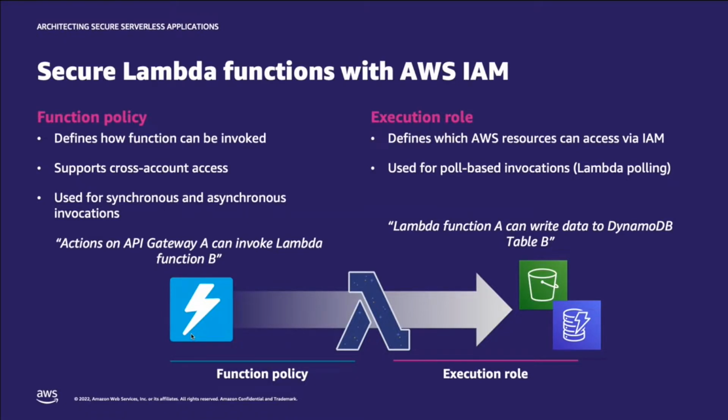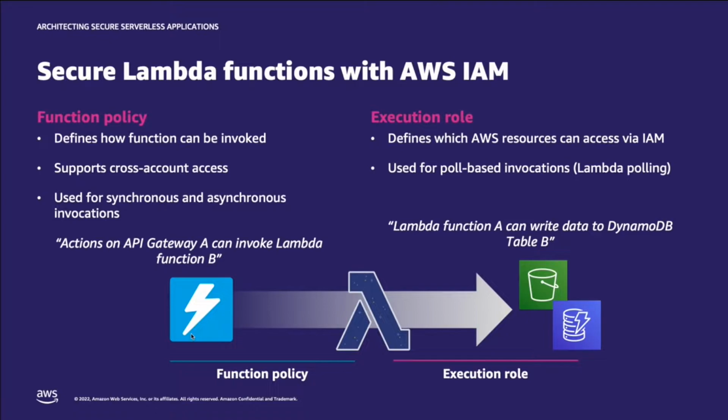In other words, let's say I have an API Gateway A, and then I need to invoke Lambda function B. This is what a function policy is meant for: to define how the function can be invoked, and it also supports cross-account access. It's used for both synchronous and asynchronous invocation, right?